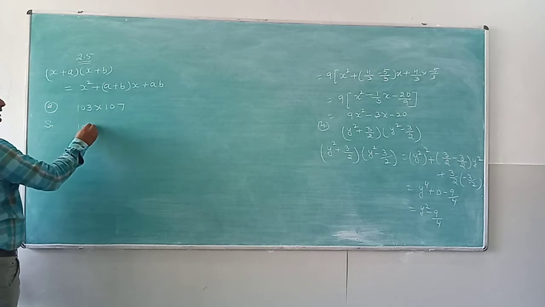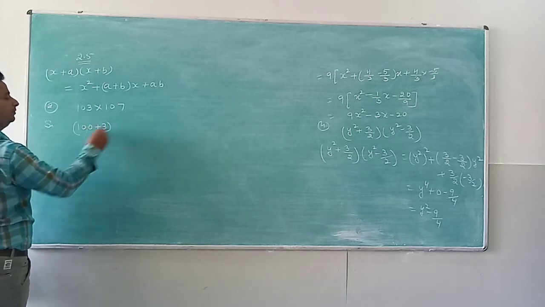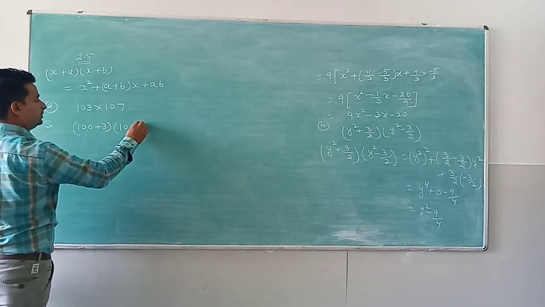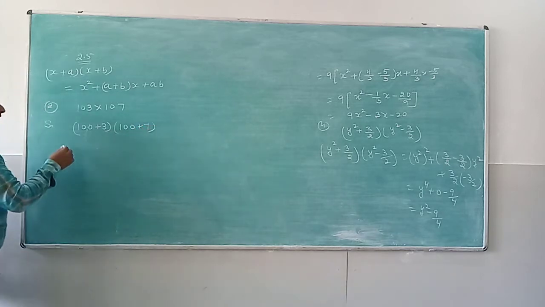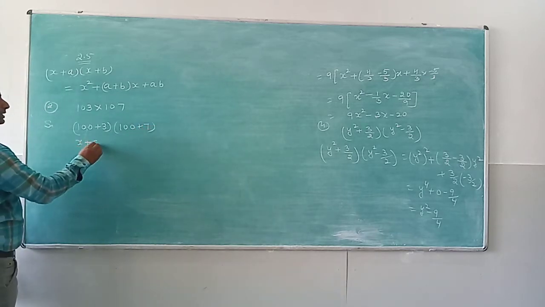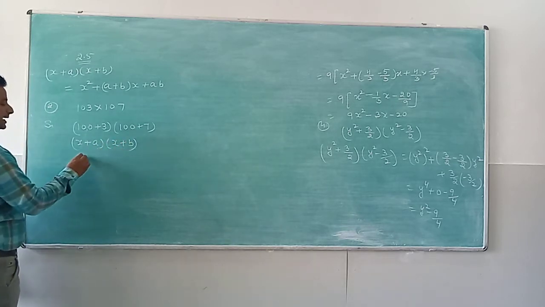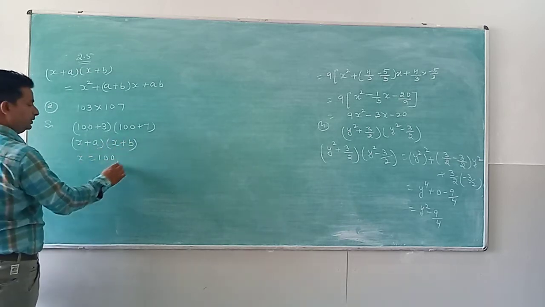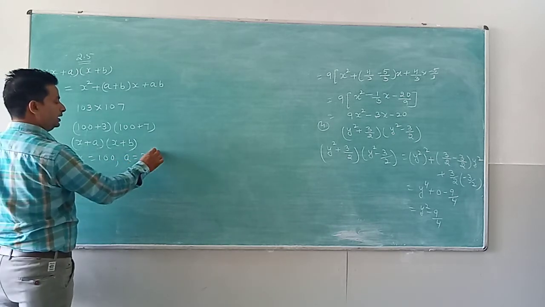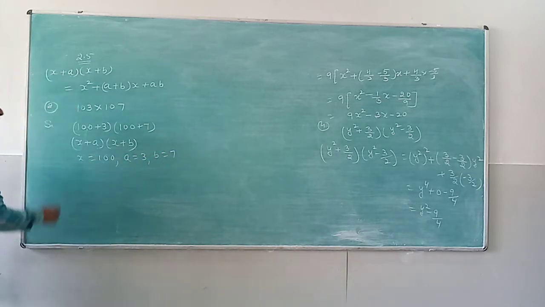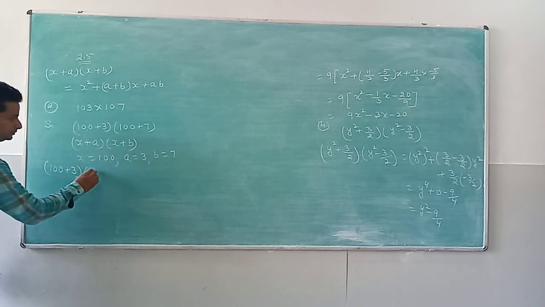We write this as 100 + 3 and this as 100 + 7. And when we compare this with (x + a)(x + b), x is 100, a is 3 and b is 7. And we put the values in the identity.